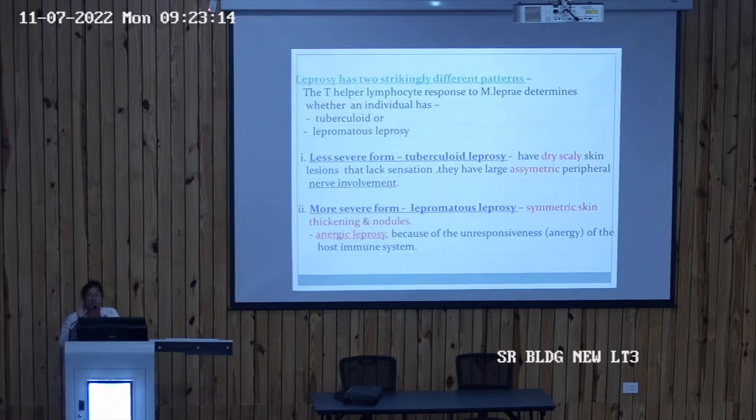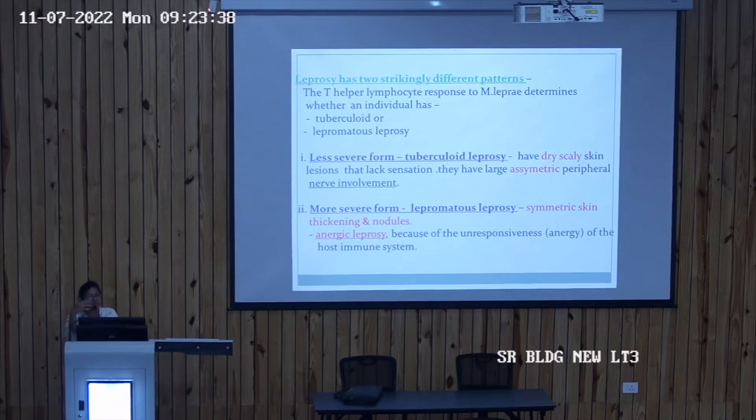Leprosy has two different patterns. They are different because the T helper cellular immune response to Mycobacterium leprae determines whether the patient has tuberculoid leprosy or lepromatous leprosy. In tuberculoid leprosy, the cellular immunity, the cellular response of the body, is very good.